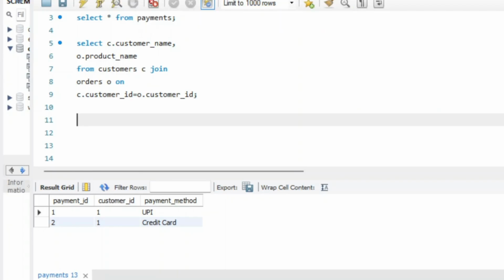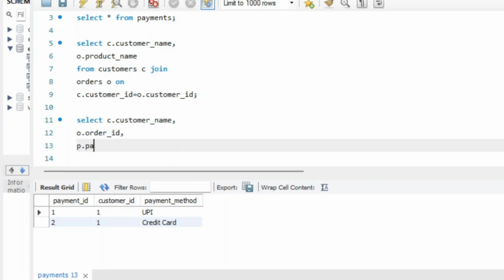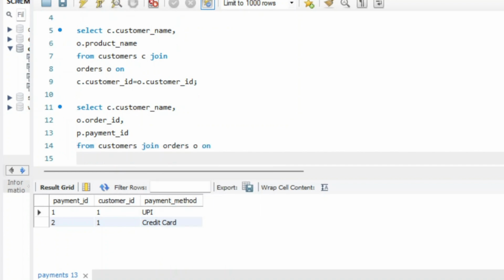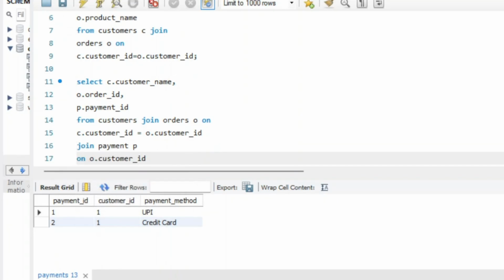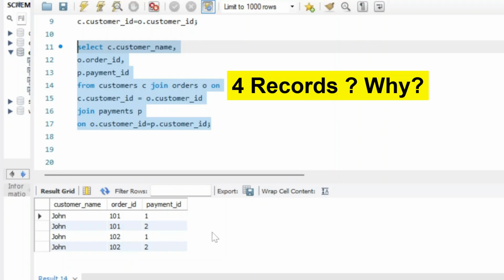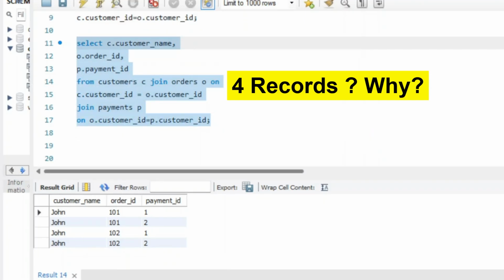So quickly, let's try to type the query to join these three tables that we have already defined. Now, this is where people get confused. Suddenly, out of nowhere, we are getting 4 records here. To understand this, let's quickly jump back to the notepad.